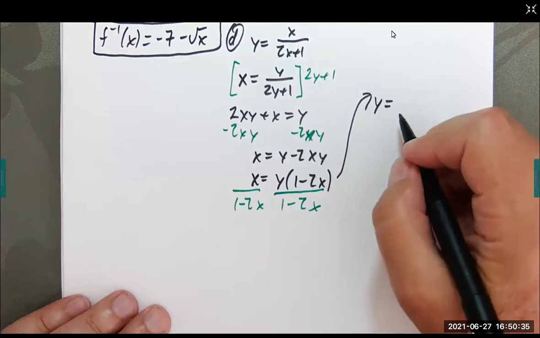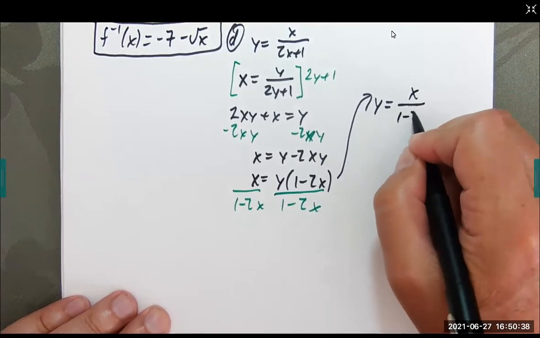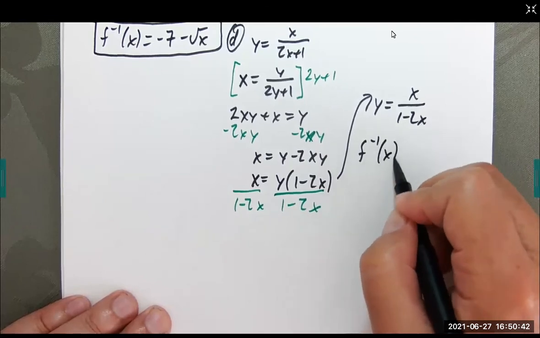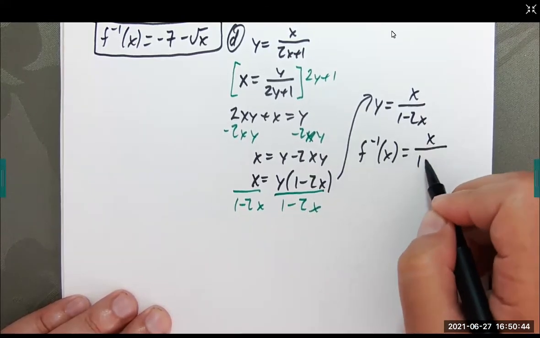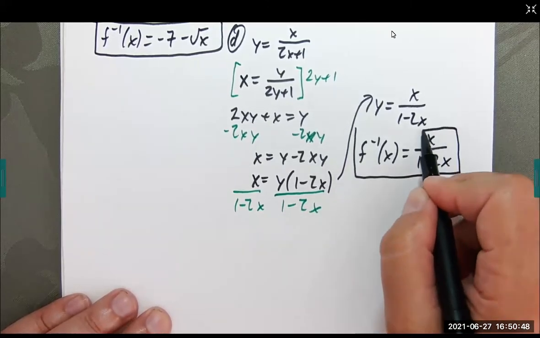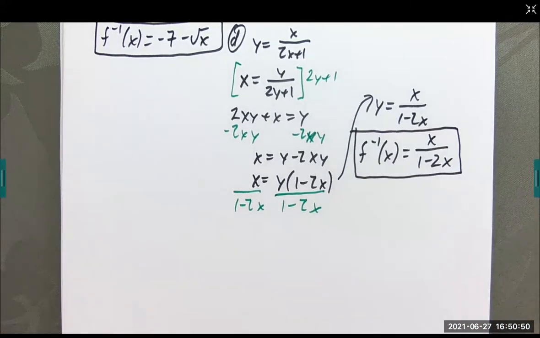So y is going to be x over (1 minus 2x). That last step. Here we are, the inverse function of f. Again, a little abstract, a little out there, but not particularly difficult, I don't think.